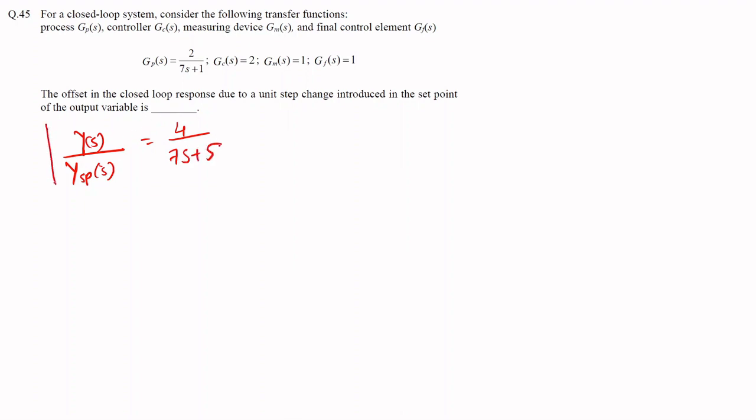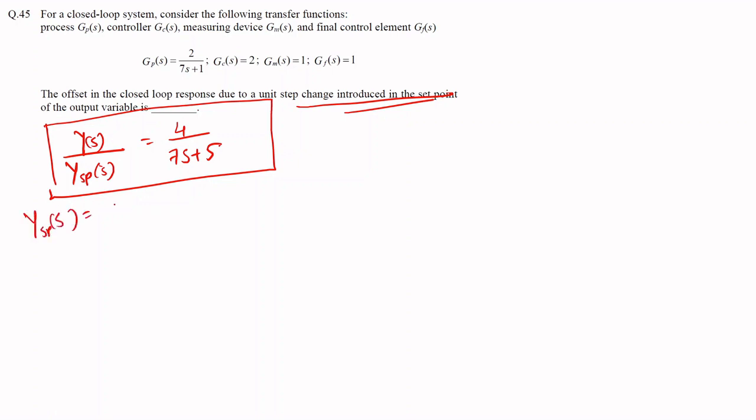So we have this transfer function of the closed loop, and now we have been given that a unit step change is introduced in the set point. That is, we have YSP(s) as 1/s, and corresponding to that we will have Y(s) as 4/(7s+5) into YSP(s), that is 1/s.